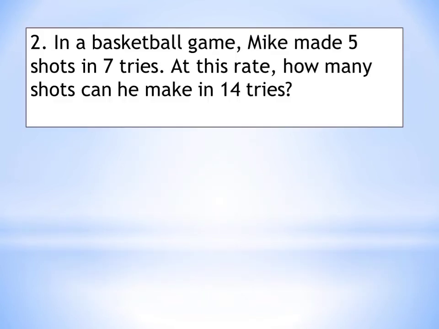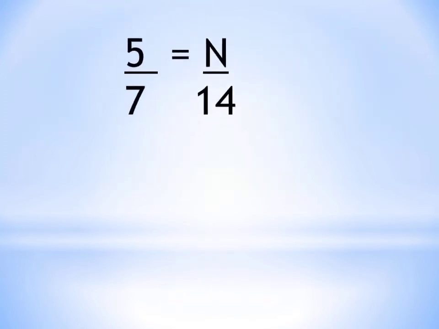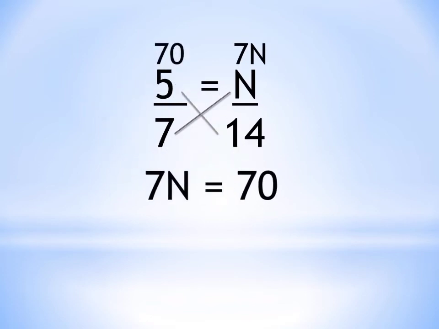For problem number 2, we construct our number sentence. We have 5 over 7 equals n over 14. Now we are going to get the cross product of the two ratios. 7 times n equals 7n and 14 times 5 equals 70. So equate the two products, 7n equals 70.